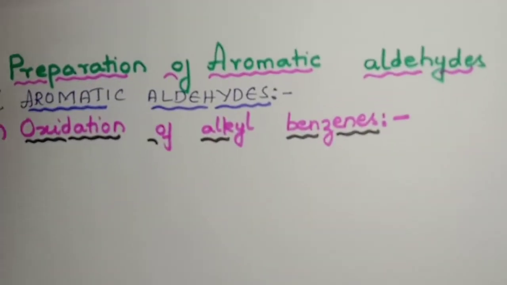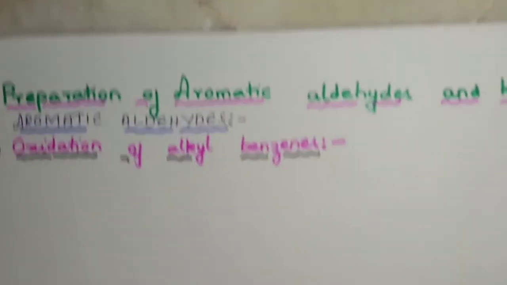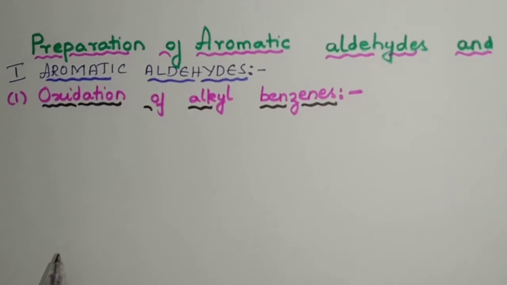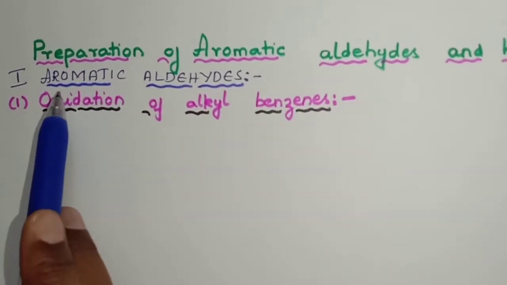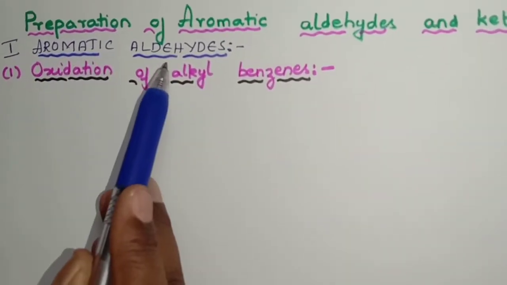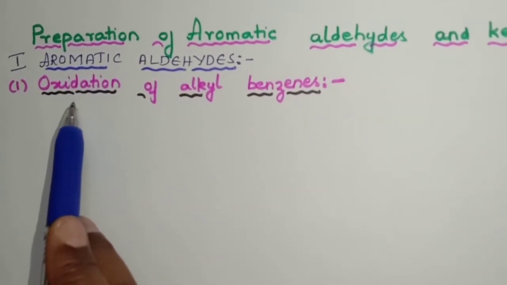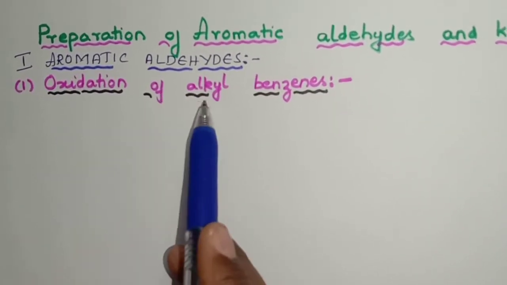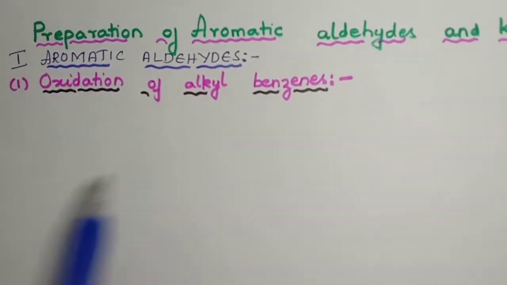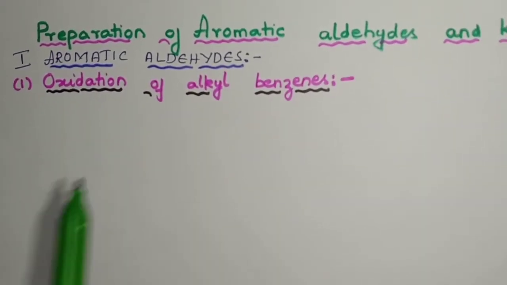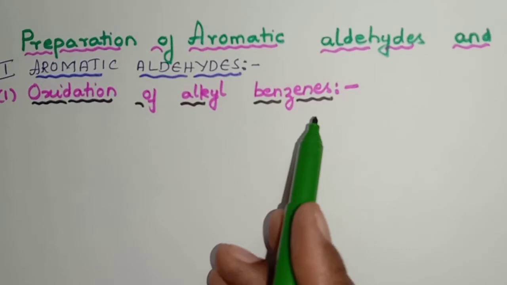Now, going into our lesson, first let us see the preparation of aromatic aldehydes, under which we have the first method as oxidation of alkyl benzenes. Do you know any example for these alkyl benzenes?